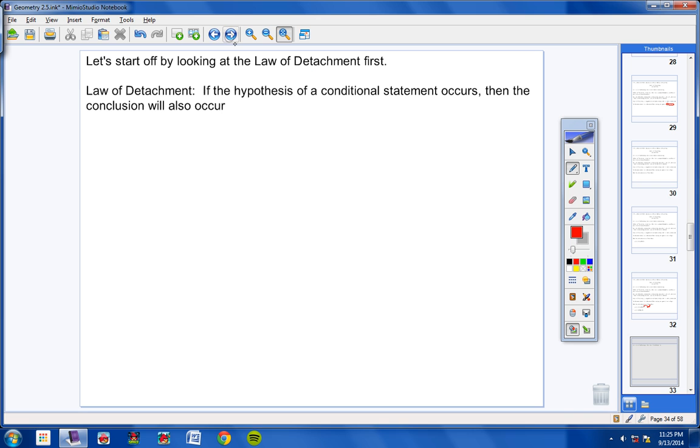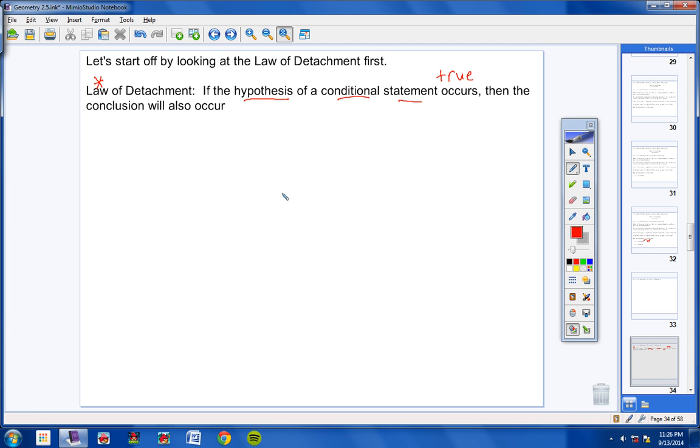Copy this definition in your notes. You are responsible for this, and I'll explain what it means in just a second. The law of detachment: if the hypothesis of a conditional statement occurs, or in other words, it's true, then the conclusion will also occur.